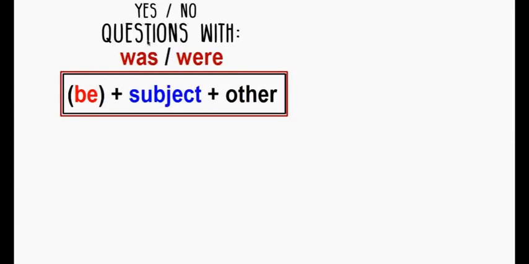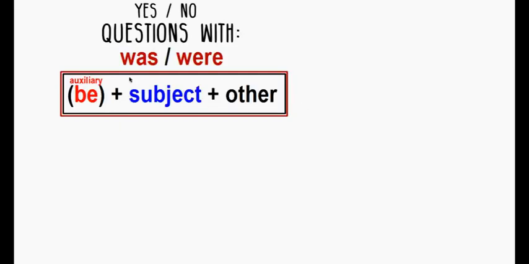Yes and no questions with was and were. Remember, in English, when we use a question, we always start with an auxiliary verb, and then the subject, and then the other part of the question.